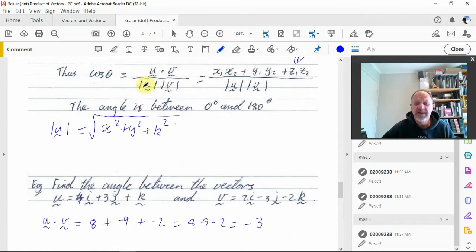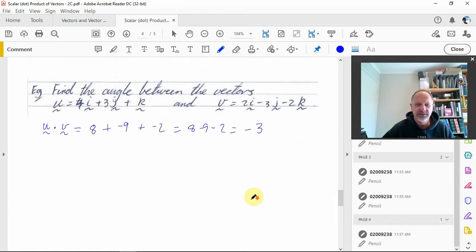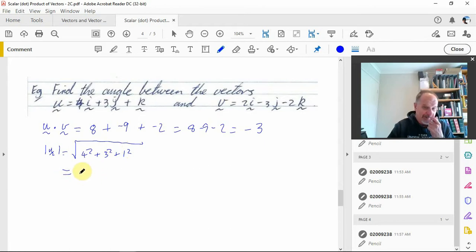Okay, so we know the dot product value, negative 3. We need to know the magnitudes of each of these things. The magnitude of u is the square root of 4 squared plus 3 squared plus 1 squared. When you work that out, you get square root 26.